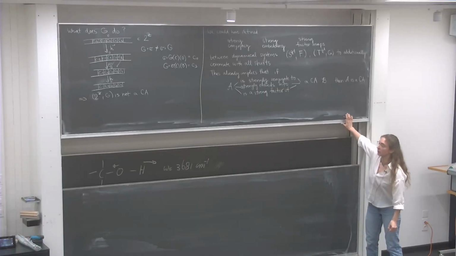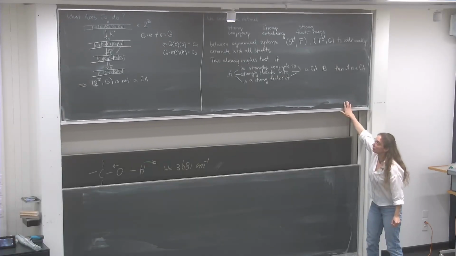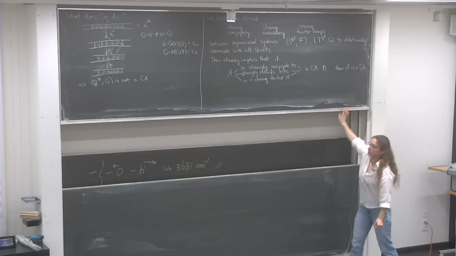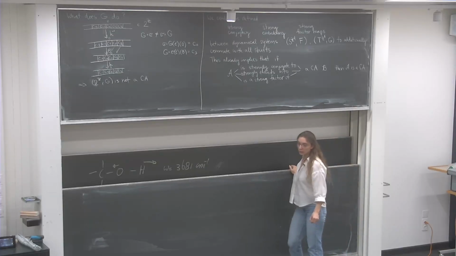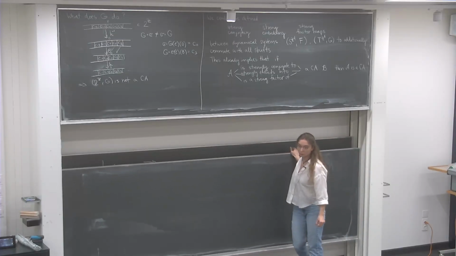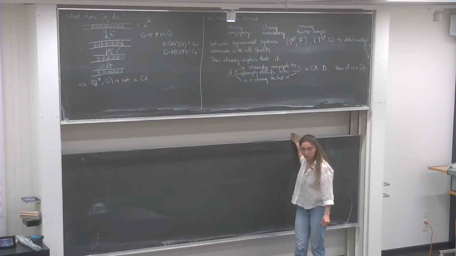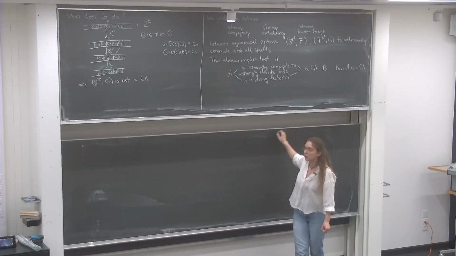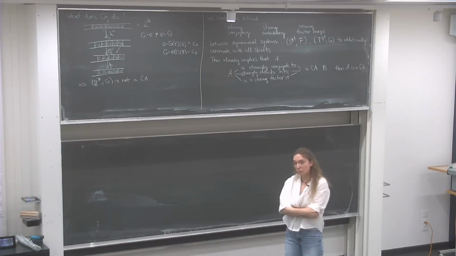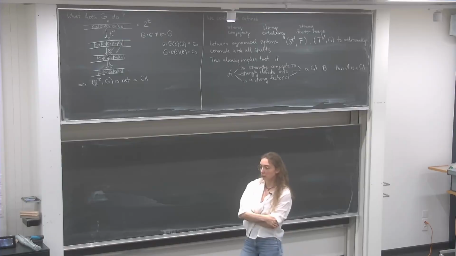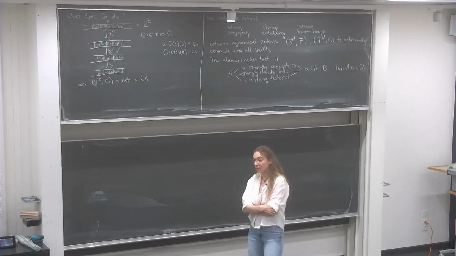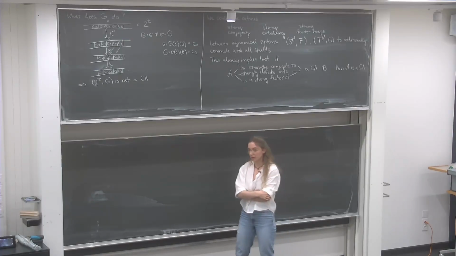That we can have two cellular automata that are conjugate via a conjugacy that does not commute with all shifts. And such examples will be very important for us next week when we start talking about the computational capacity of dynamical systems. We will see there are different flavors to how to assess that.